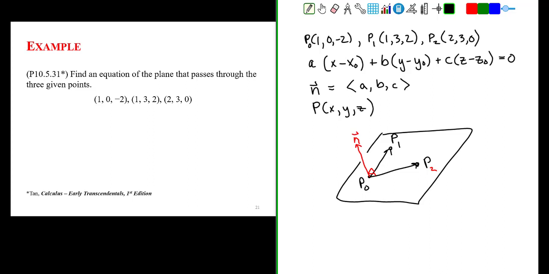If we have 2 vectors from 3 points, let's say the first vector goes from P1 to P0, I said P1 to P0, I meant from P0 to P1. And let's say the second vector goes from P0 to P2. Given those 2 vectors, is there a way we could find a third vector that's perpendicular to those first 2?